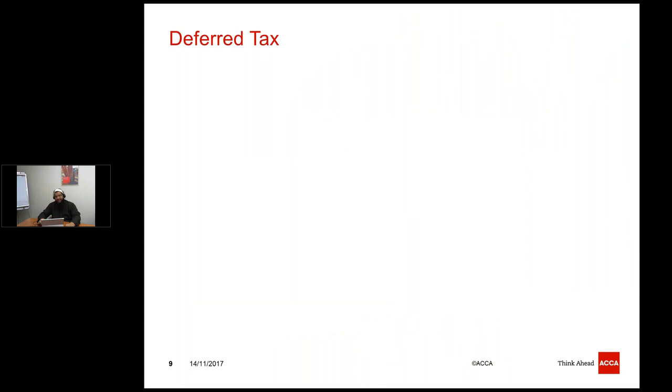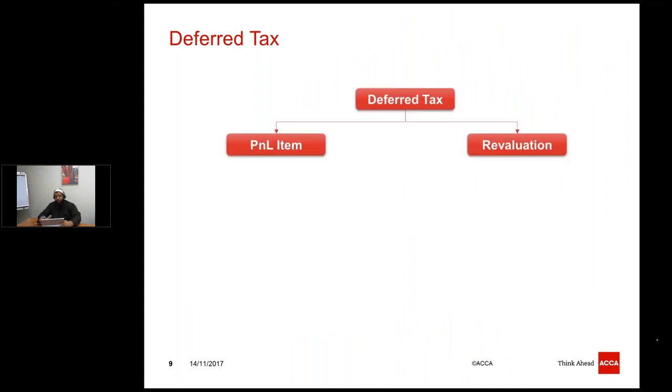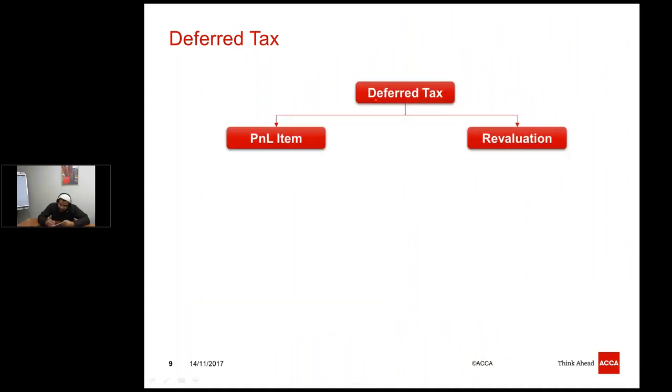Now let's discuss the deferred tax. The deferred tax movements are of two types. Either the deferred tax is due to a P&L item or it is due to a revaluation item. Deferred tax is actually a quite detailed topic, and if you want a proper understanding of it, it would take a lot of time that we don't have right now.